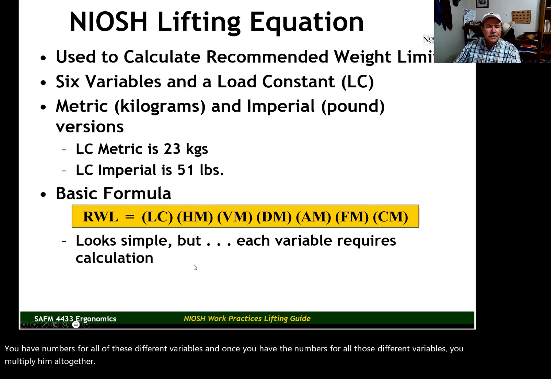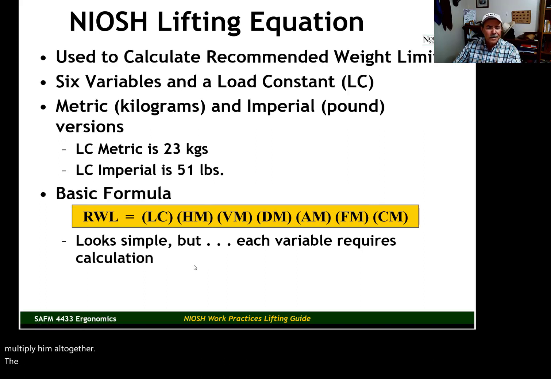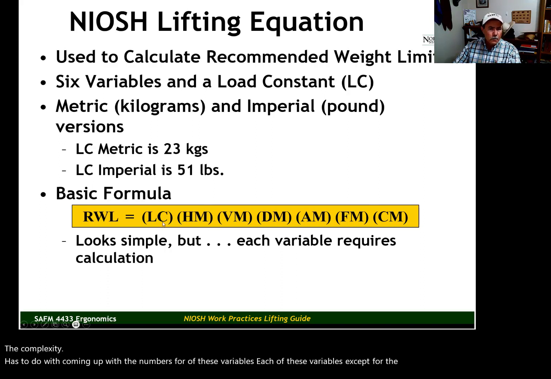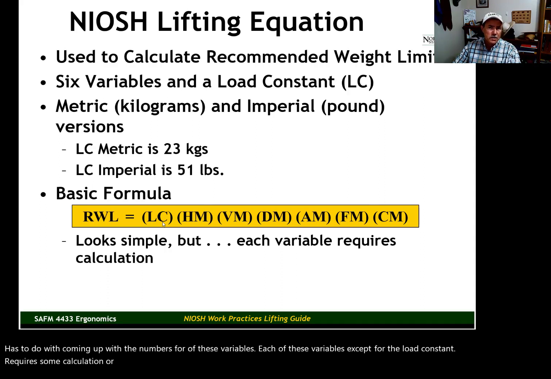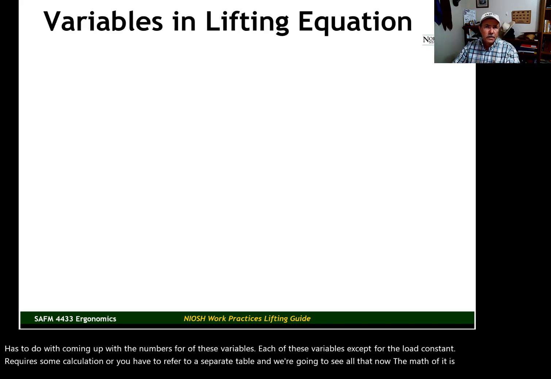The complexity has to do with coming up with the numbers for each of these variables. Each of these variables, except for the load constant, requires some calculation, or you have to refer to a separate table. And we're going to see all of that. Now the math of it is easy.